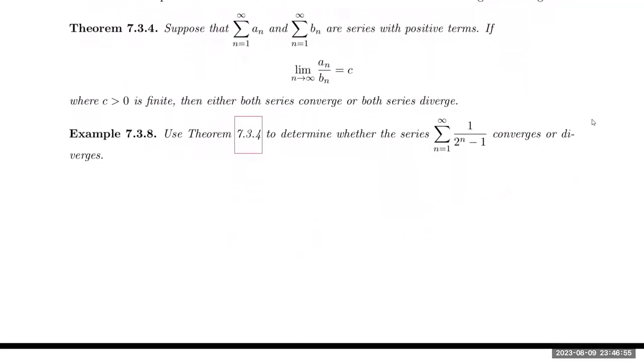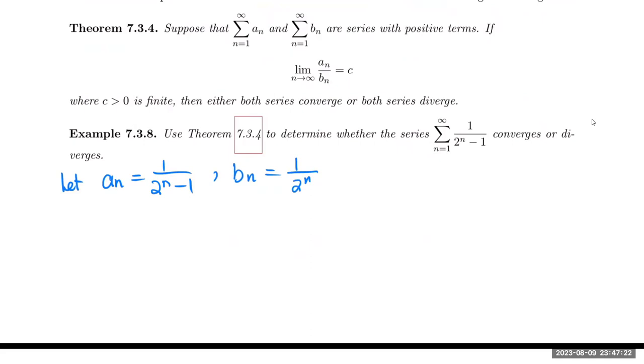So we're going to be comparing to another series. Let us say let an be the terms defined by this. As well, we're going to define another sequence bn, which is given by 1 divided by 2 to the power n, just to make things a little bit easier here.